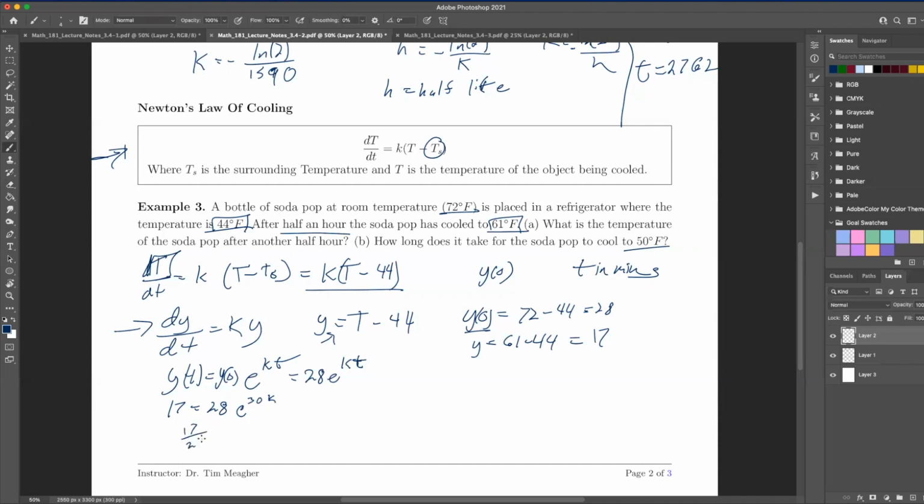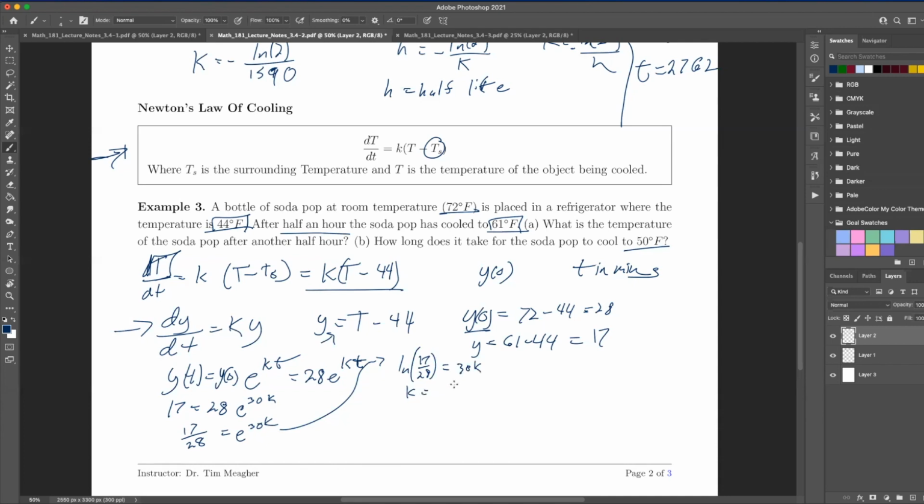So 17 divided by 28 equals e to the 30k. So we just solve it out. And then from there, we'll have ln of 17. Oops, that does not look like 17. Apparently, I should have left more room when I wrote these notes. 30k.